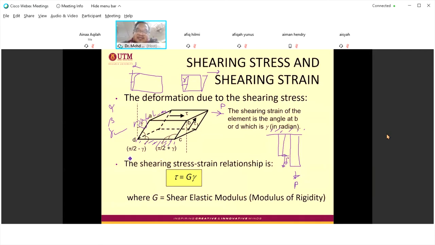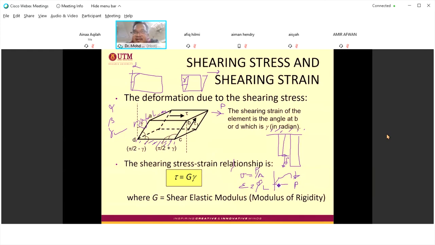So if this one is stress, P divided by A, and strain is delta divided by L, and you plot the graph, you have the E here.